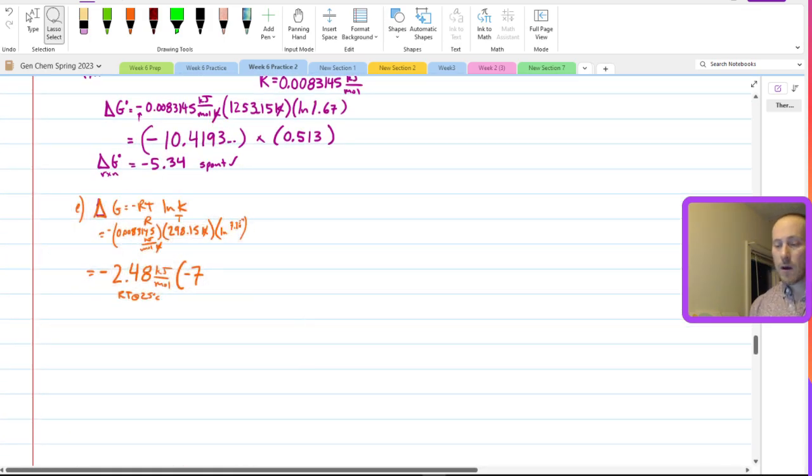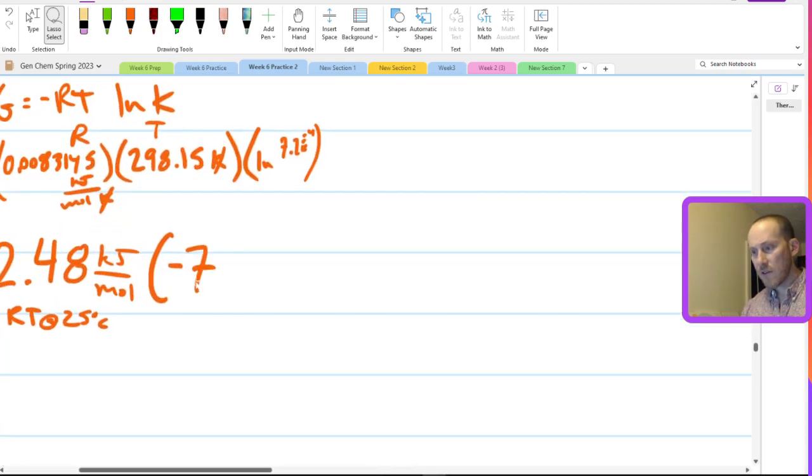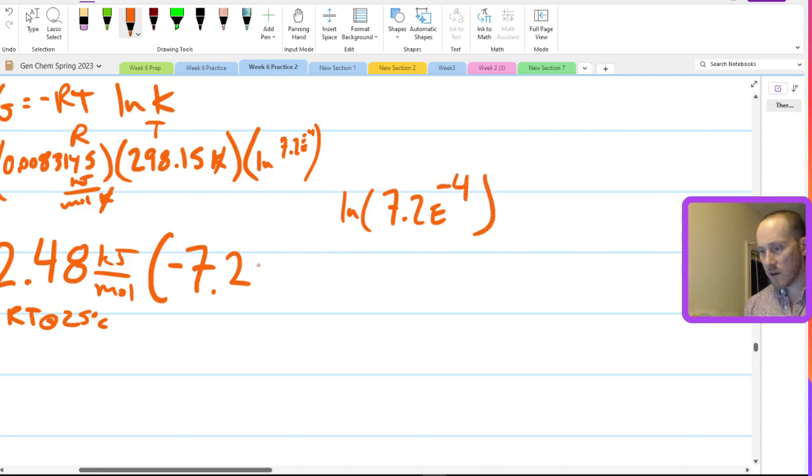Okay, so if you solve for the natural log of 7.2 times 10 to the minus 4, which means you put it in your calculator and it solves it for you, that was negative 7.236.